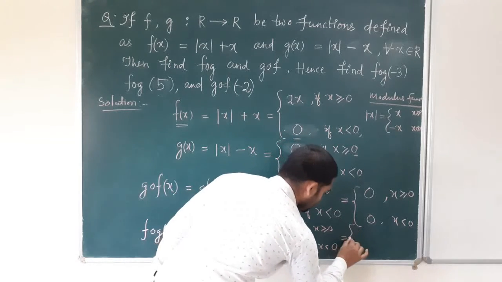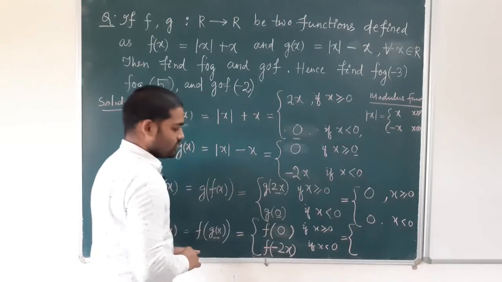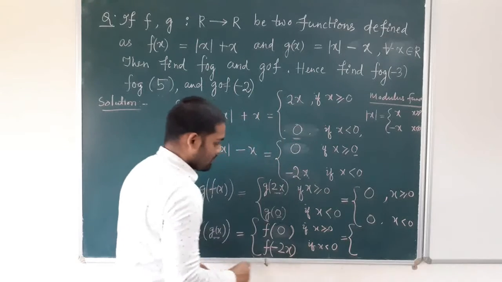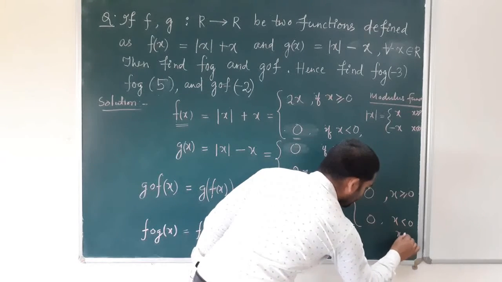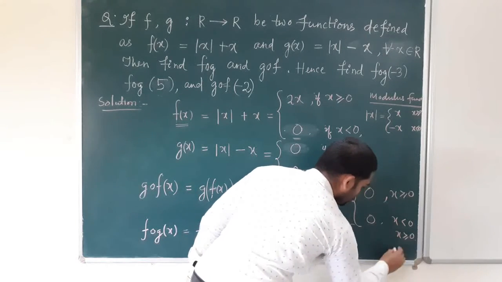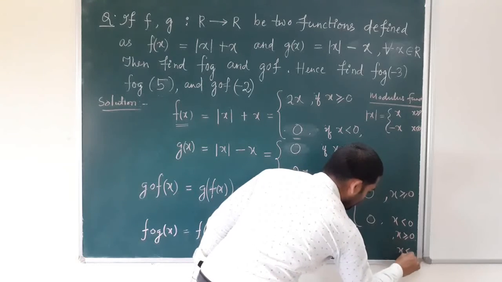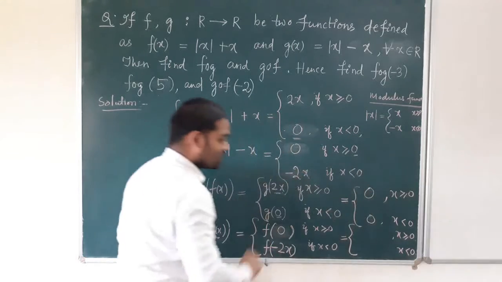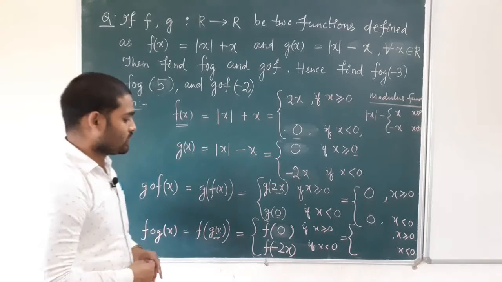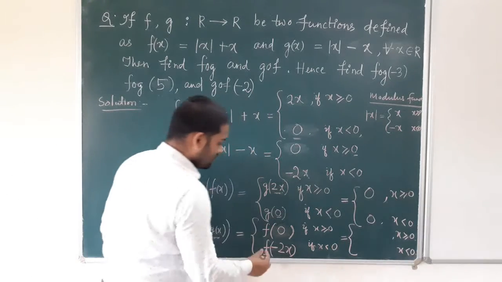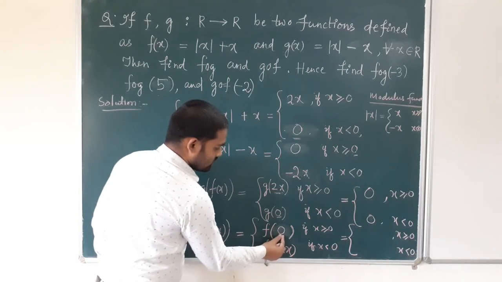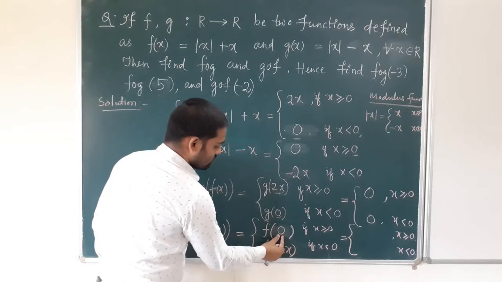Now, next step. See, when x is greater than or equal to 0 and when x is less than 0, the input is 0.